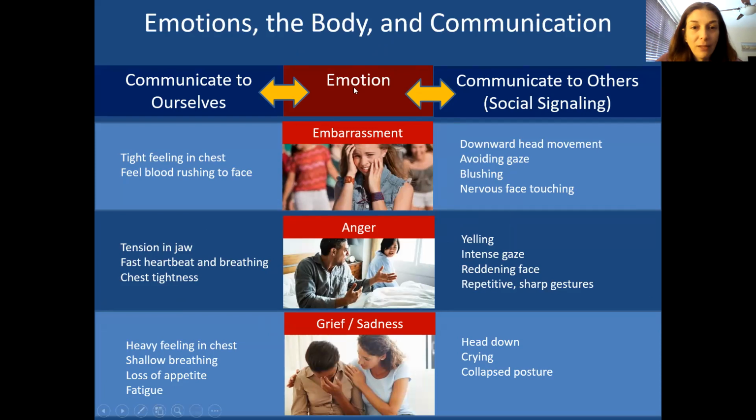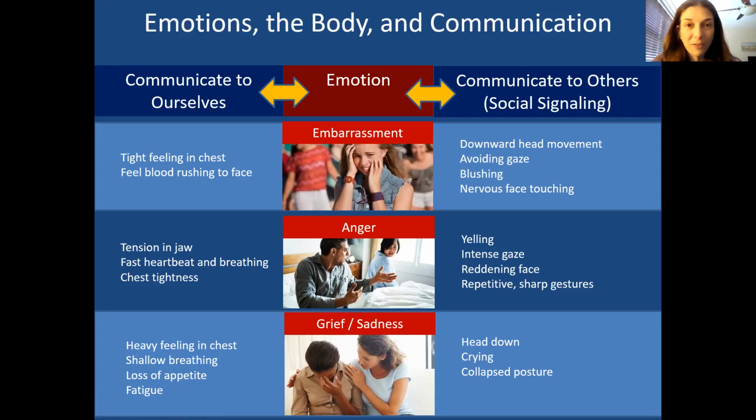Let's say we're looking at the emotion of embarrassment. When we feel tightness in the chest and blood rushing to the face, like when you blush when you're embarrassed, we experience those physical sensations, and it helps to communicate to us, oh yeah, I'm feeling kind of embarrassed. And the embarrassment also leads to those physical sensations.